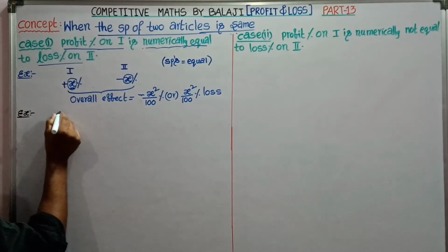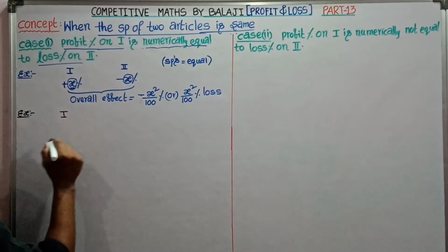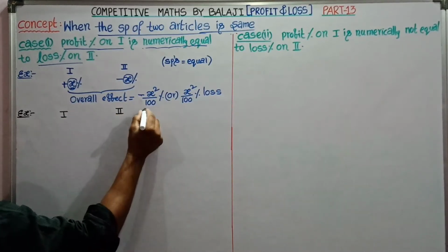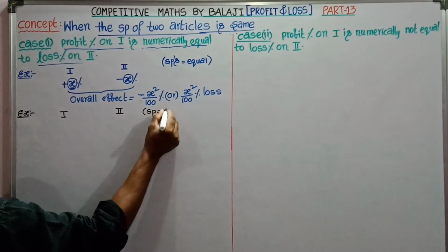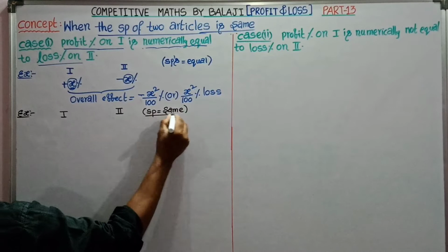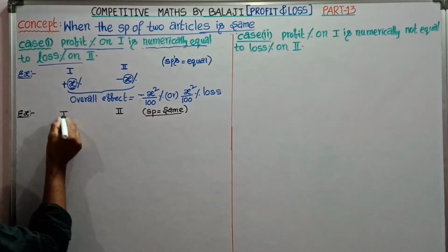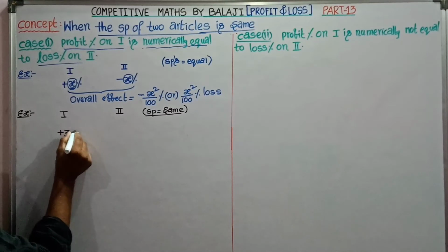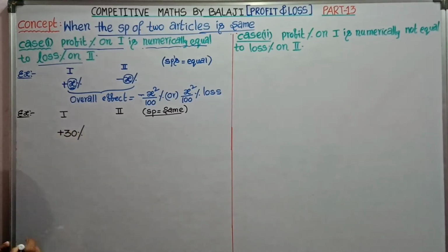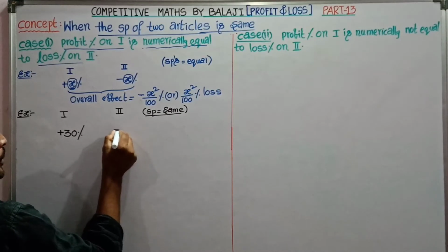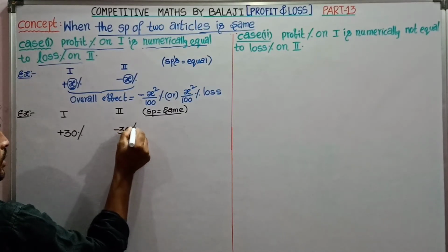Suppose we have two pens, this is the first pen and this is the second pen, and the SPs are the same. The selling price of both pens is equal. On selling the first pen, we got 30% profit. On the second pen, we incur 30% loss.